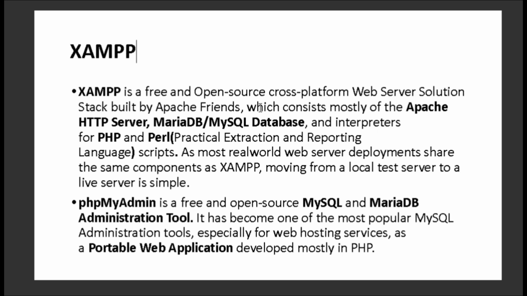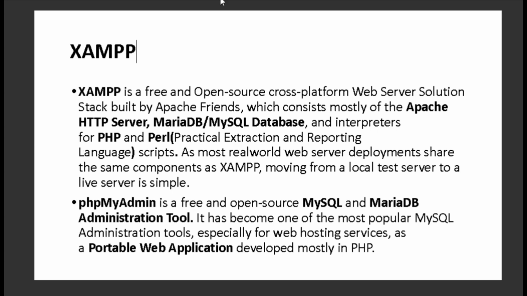XAMPP is a free and open source cross-platform web server solution stack built by Apache Friends, which consists mostly of the Apache HTTP server, MariaDB or MySQL database, and interpreters for scripts written in PHP and Perl.